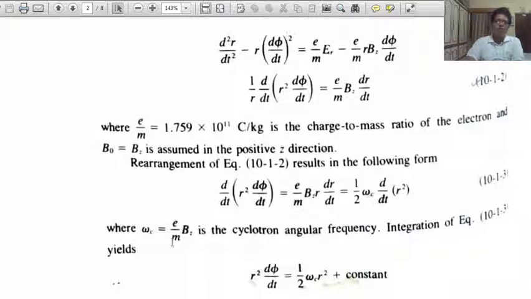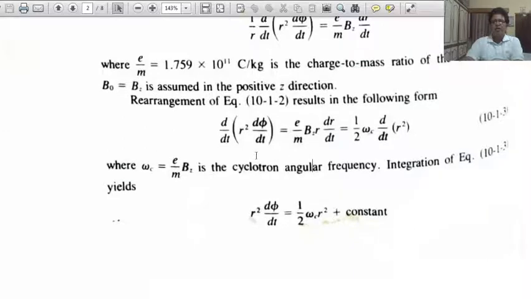What is omega c? Cyclotron angular frequency. We are taking it as omega c equal to e upon m Bz. Now integrating this term, easily you can get r square d phi upon dt equal to 1 upon 2 omega c r square plus constant.